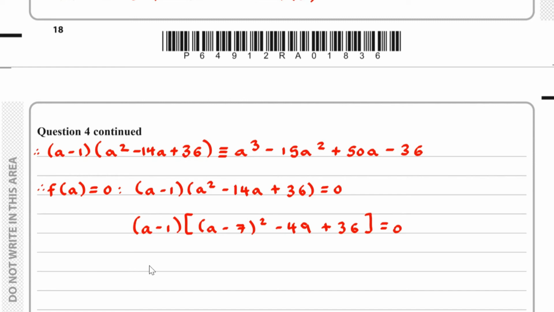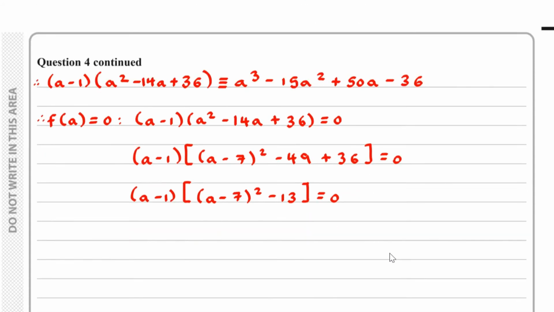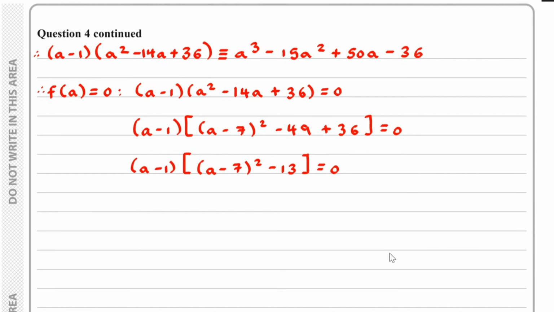So I've got a minus 1 multiplied by a minus 7 squared subtract 13 equals 0, which means that my critical values, I've got a equals 1 and a equals 7 plus minus square root 13.